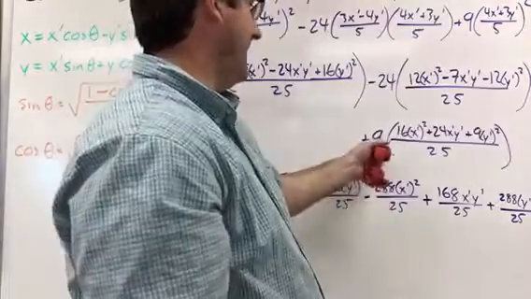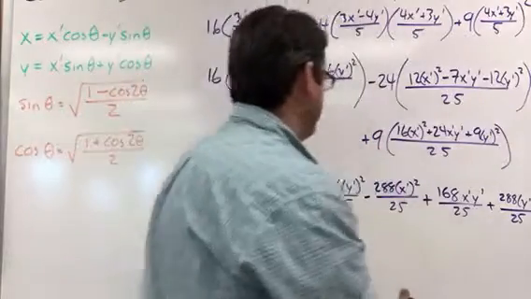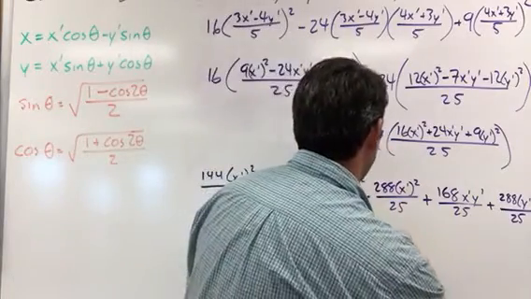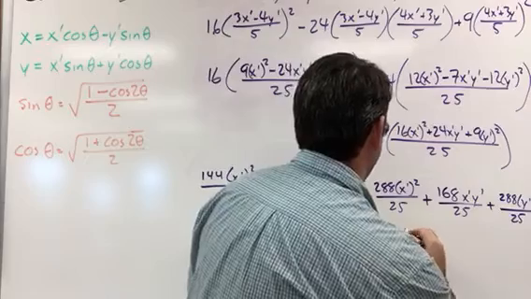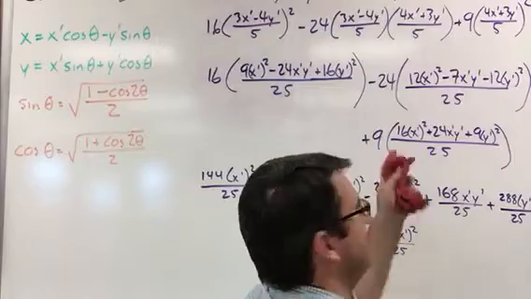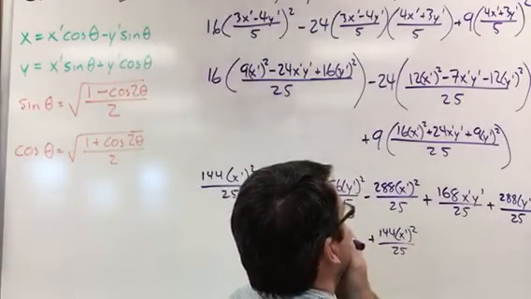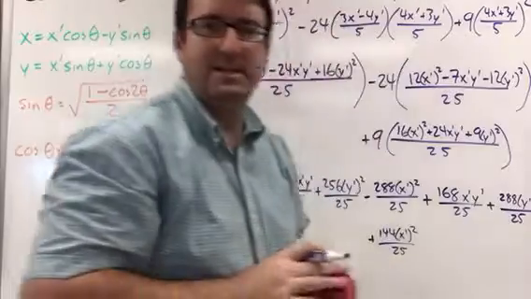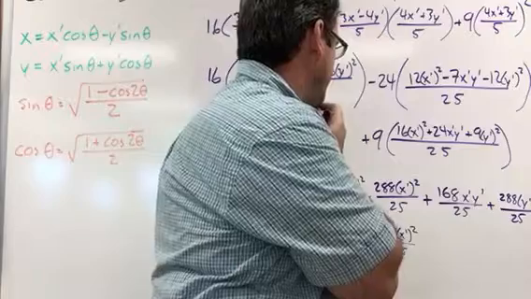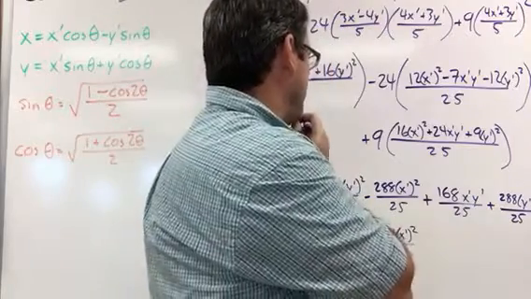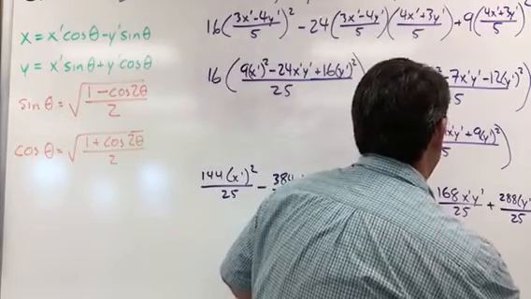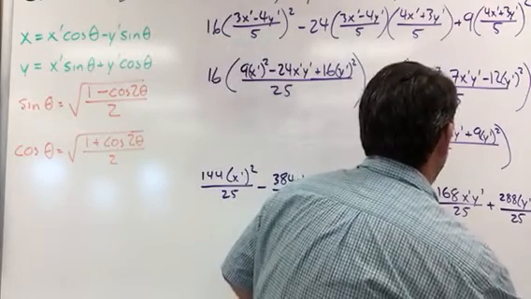And then continuing on, 9 times 16 is 144. So plus 144 x' squared over 25. 9 times 24 is, let's see, 9 times 12 is 108, so this is 216, so plus 216 x'y' over 25.